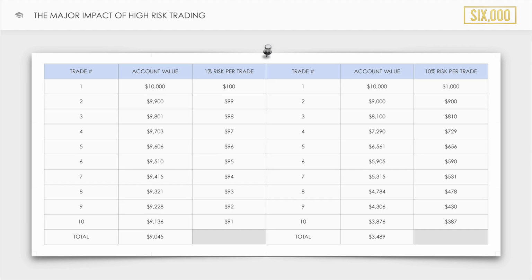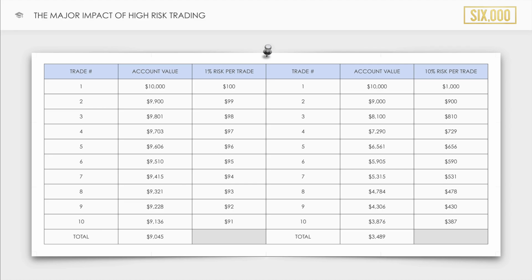So you started with 10,000, and you have now lost 2/3 of your trading account just in 10 losing trades. Whereas in situation 1 on the left hand side, you have lost less than 10%. 10% loss after 10 trades in comparison to possibly a 66% loss.